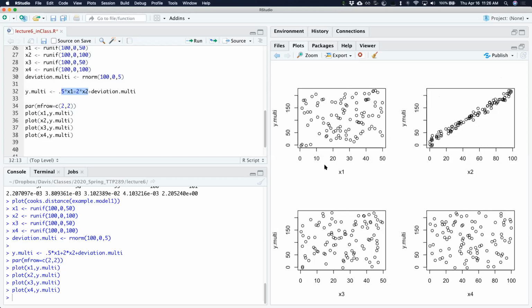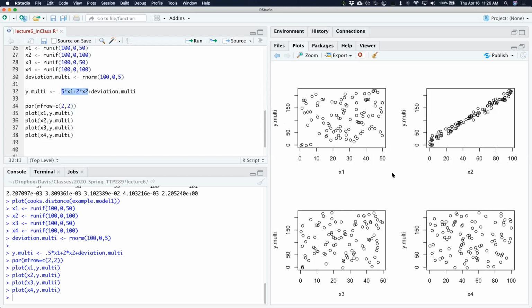So why is it that we can't see the relationship between your x1 and y in this case, even though we know that x1 is specifically leading to an outcome in y? Can anyone venture a guess? I'll take your silence as an indication that maybe it's not so clear.